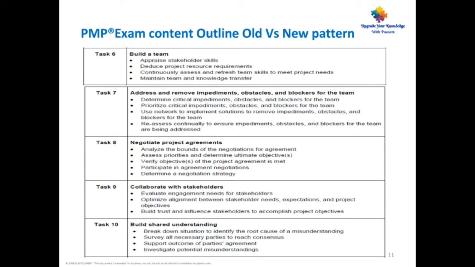So evaluate engagement needs for stakeholders, optimize alignment between stakeholders' needs, expectations and project objectives, build trust and influence stakeholders to accomplish project objectives. Task number 10, build shared understanding: break down situation to identify the root cause of the misunderstanding, survey all necessary parties to reach consensus, support outcome of parties' agreement, investigate potential misunderstandings.